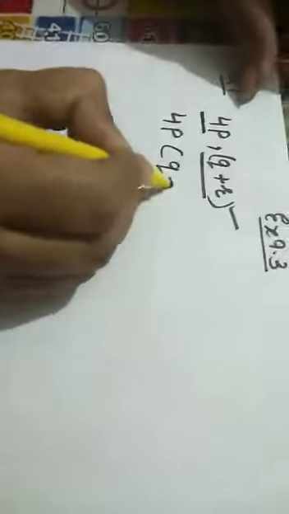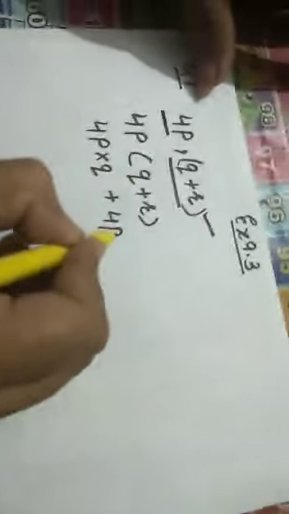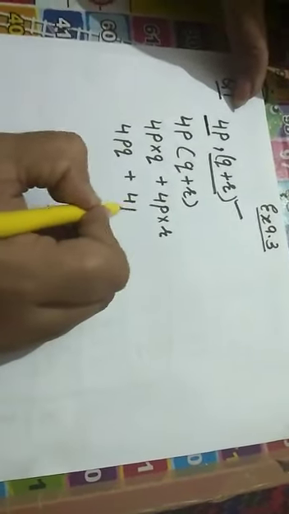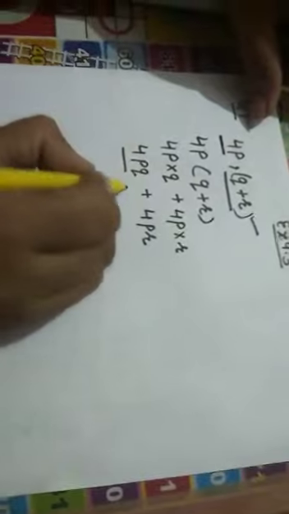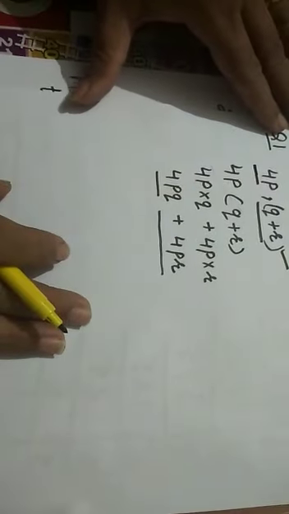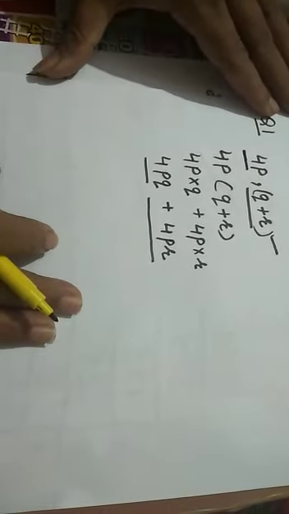So we'll write this way: 4p multiplied by q plus r. When the bracket is there, the meaning of this is multiplication. Now we'll multiply 4p into q plus 4p into r. So this will be 4pq plus 4pr. So this is the first part of exercise 9.3, question 1.